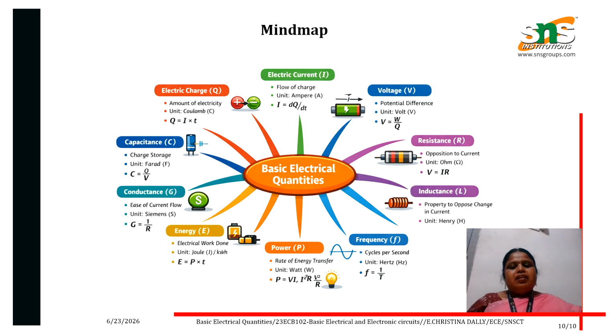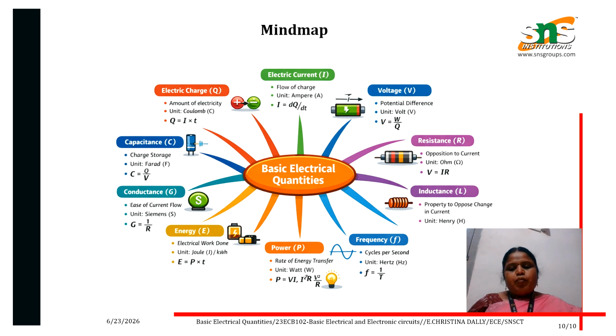So, as we have discussed some of the electrical quantities, we know what current is. It is a flow of charge, so its unit is ampere. The formula is I is equal to dq by dt. Voltage is nothing but potential difference. Unit is volt. Resistance is opposition of current. The unit is ohm.